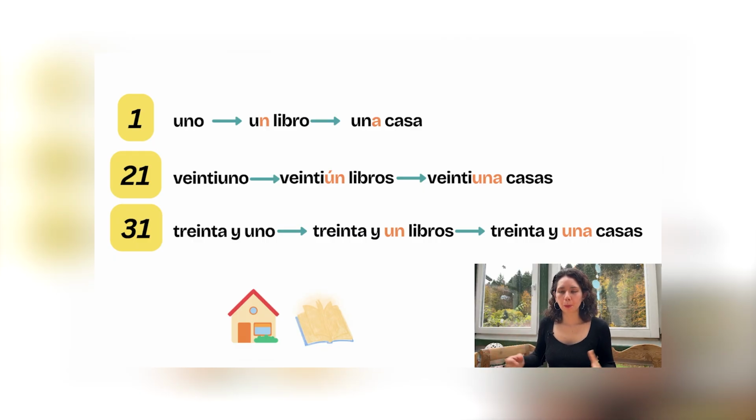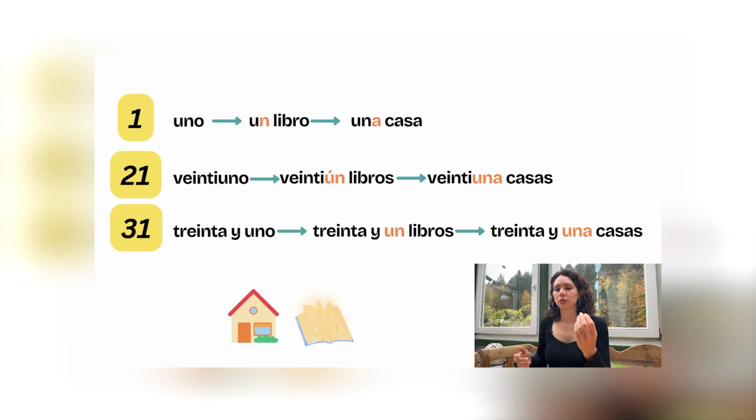Another example, 21, that's the number, right? But if you want to say 21 books, you say veintiún libros. You don't say veintiuno libros. And the same, for example, the house, la casa. If you want to say 21 houses, veintiuna casas. You get it? It's just about the gender.